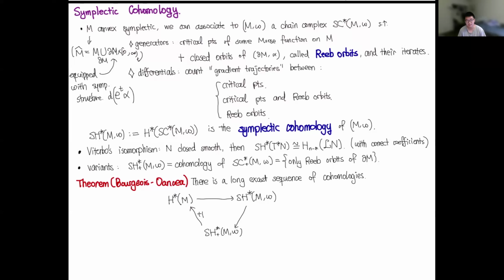This will give you a well-defined symplectic structure on what we call a cylindrical end because it actually looks like a cylinder.